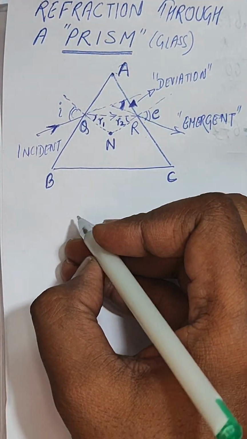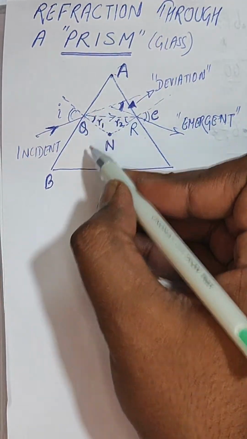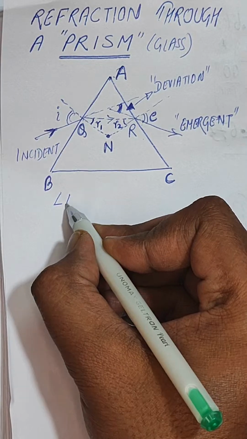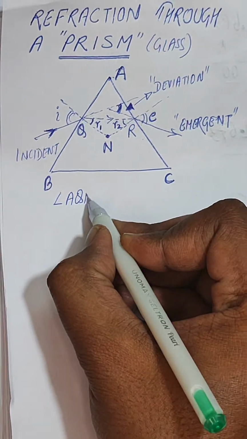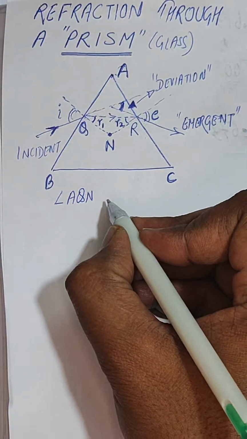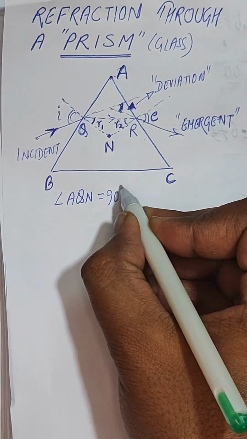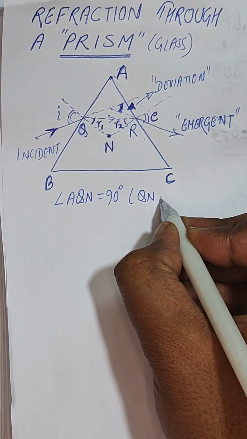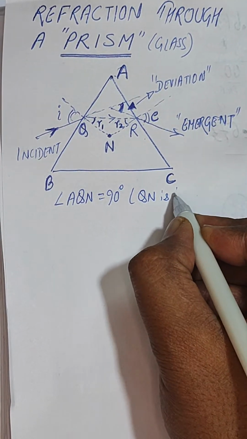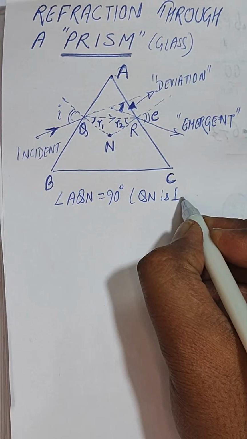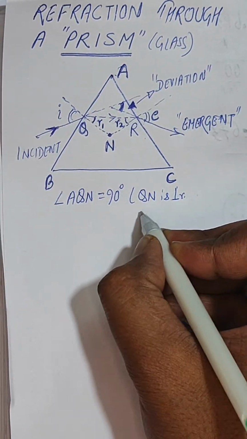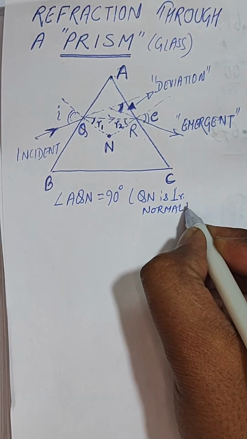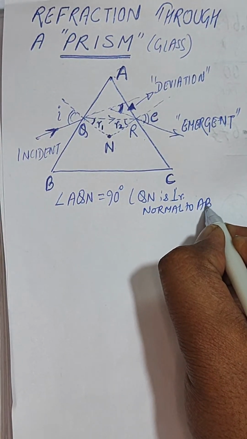Therefore angle AQN is equal to 90 degrees, because QN is perpendicular, or normal, to the surface AB.